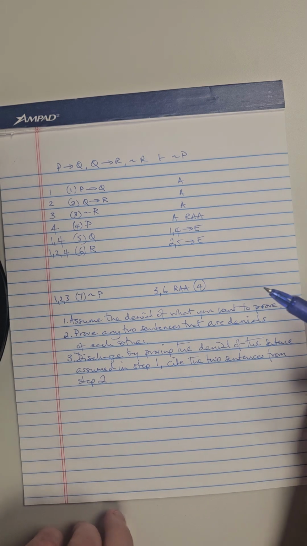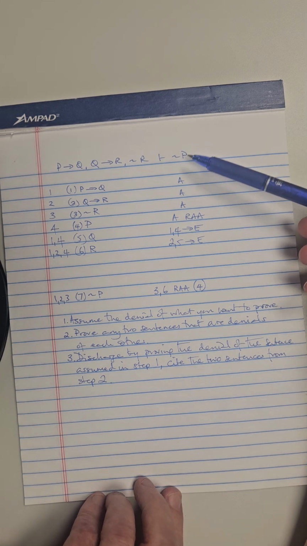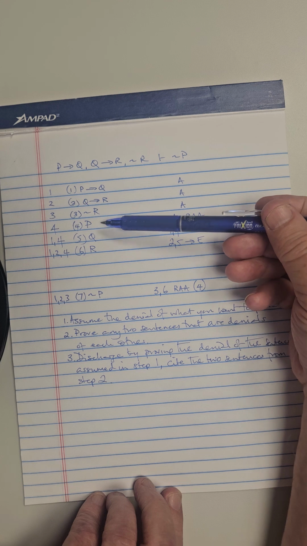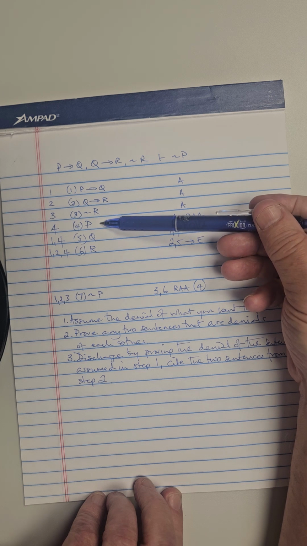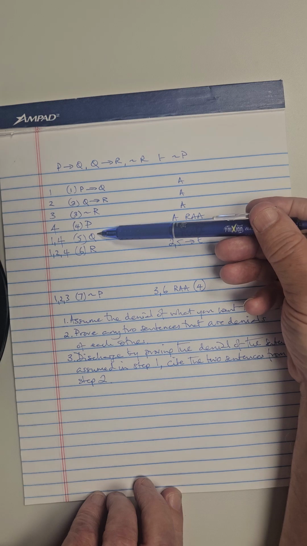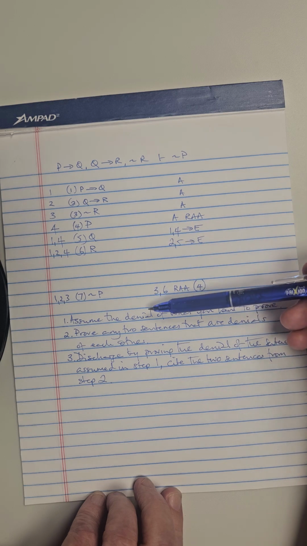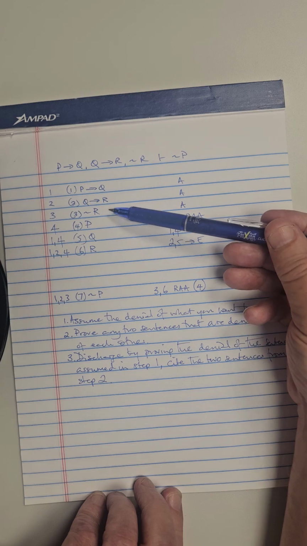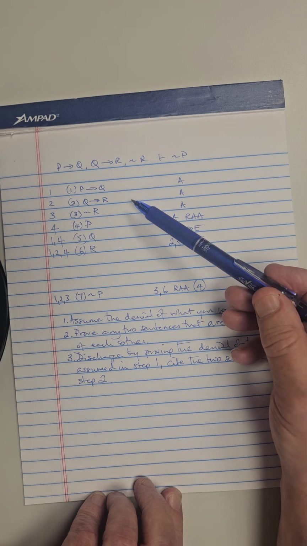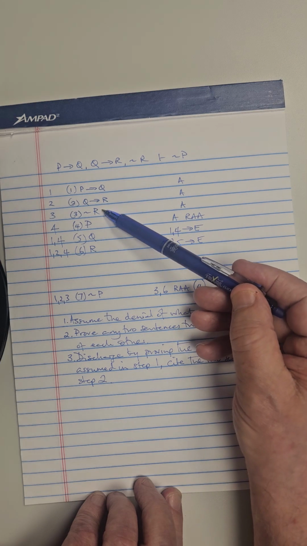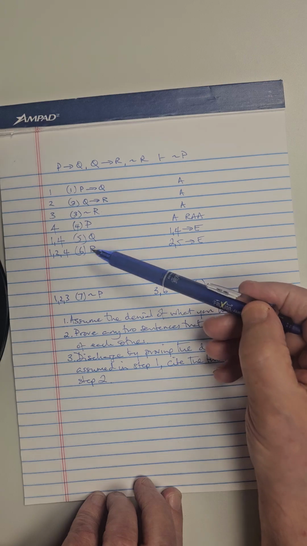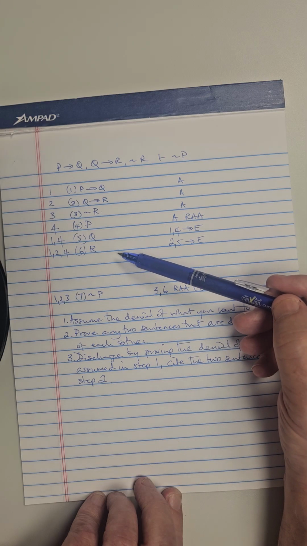And the logic of this is, here we assume P. We show that if P was true, Q would be true, and if Q was true, R would be true. And then we point out that R can't be true if 3 is true. So 3 rests upon itself, 6 rests upon 1, 2, and 4.